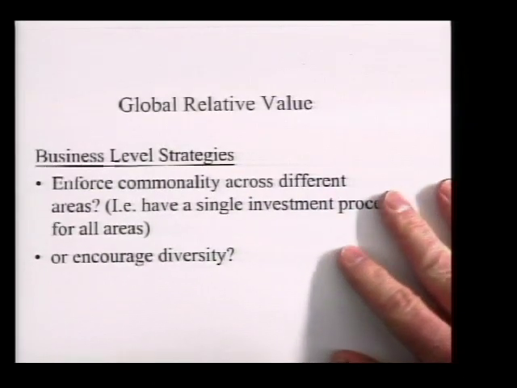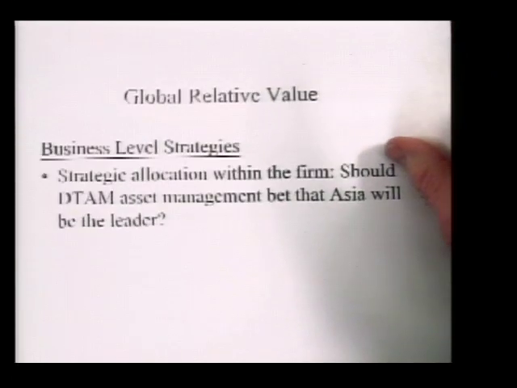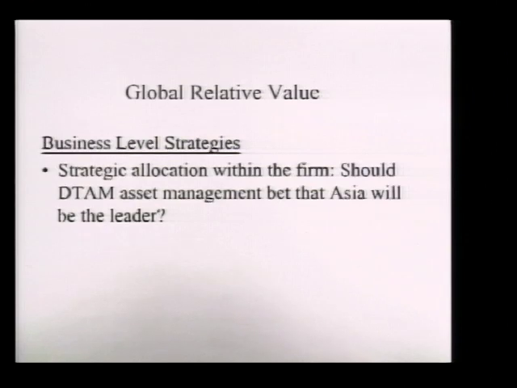Some of the points that I think are potentially interesting are, should there be commonality enforced across the firm, or should there be diversity? And then this feeds into the asset allocation choice within the firm. Asia really makes the case that that's where they should tilt.